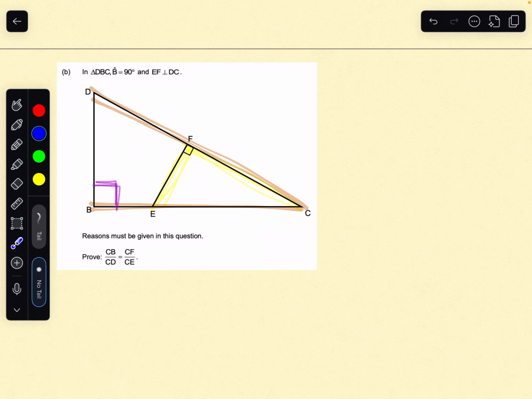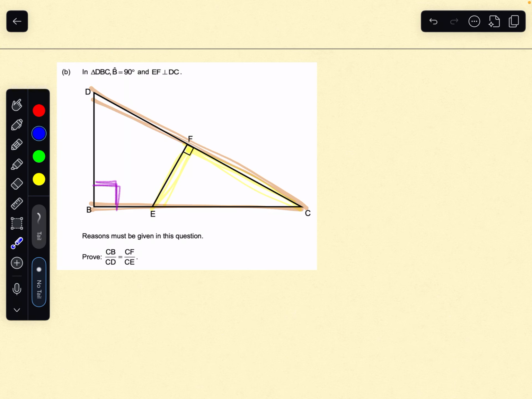because basically this is effectively telling us CB over CD is cos of C, and CF over CE is tan of C. No, it's not.